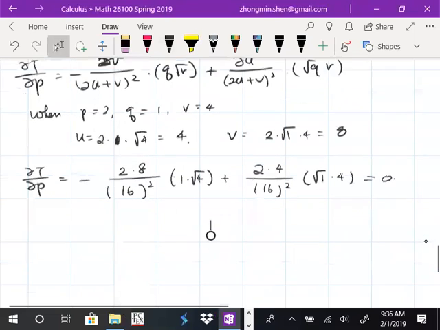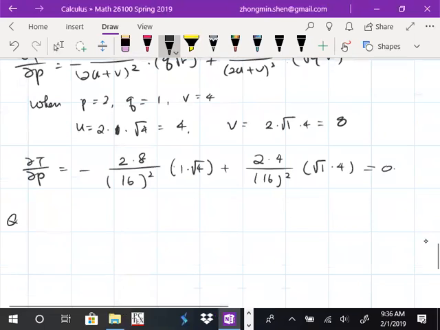The next type of problem we're going to do is use the implicit differentiation method to find derivatives. So here y equals cosine of x times y, and we are going to find the derivative of y with respect to x.